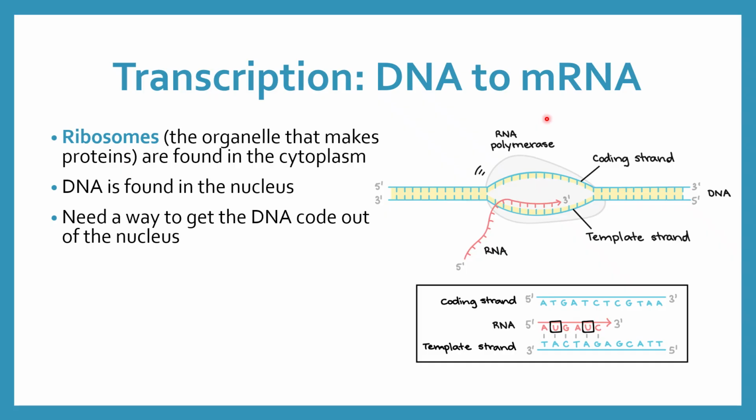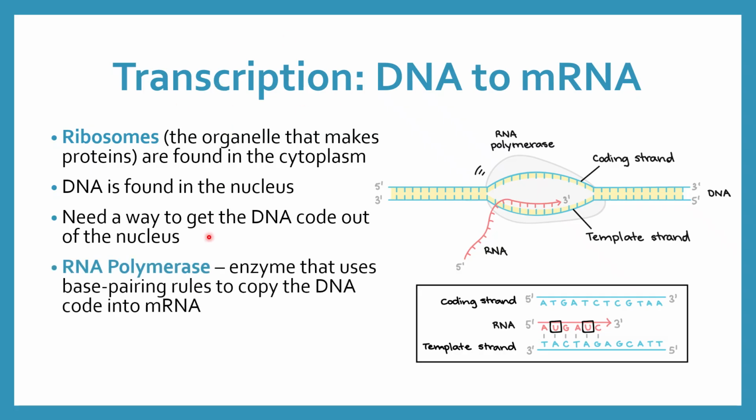So the ribosomes that make the proteins, they're found in the cytoplasm, but DNA is found in the nucleus. So we need a way to get the DNA message out of the nucleus and to the ribosome. That is the whole purpose of transcription. So what we're going to do is use an enzyme called RNA polymerase.